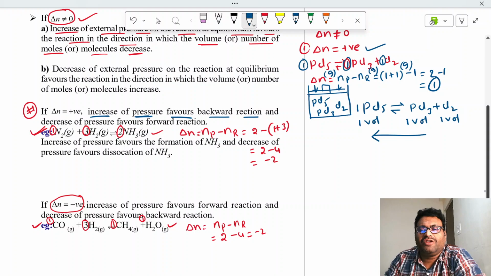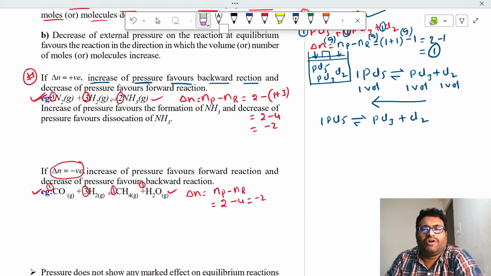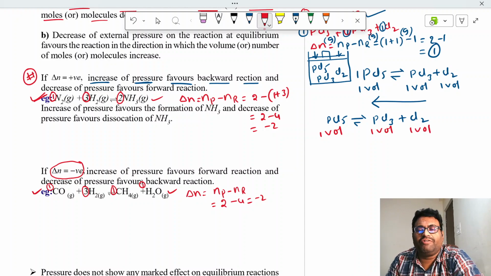Now the same reaction, PCl5 gives rise to PCl3 plus Cl2. Here 1 volume, 1 volume, and 1 volume; 1 mole we are taking as 1 volume. We increased pressure; now decrease pressure.